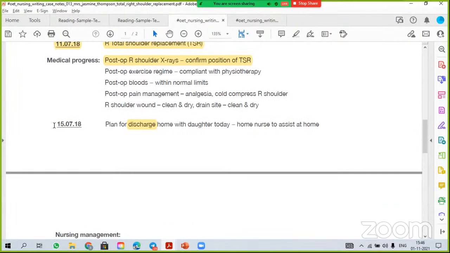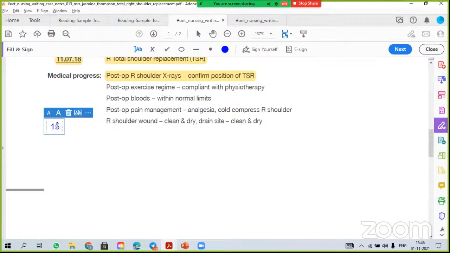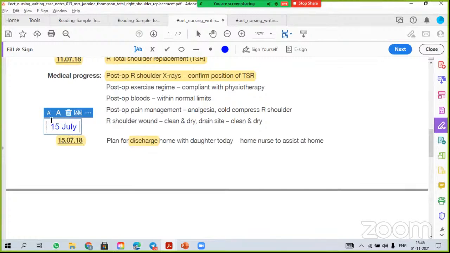So no problem, same date, 15/7/2018. This is the date of discharge because there is no other date. This date should be changed to 15 July 2018.